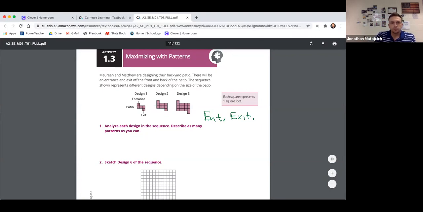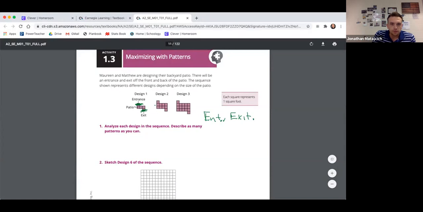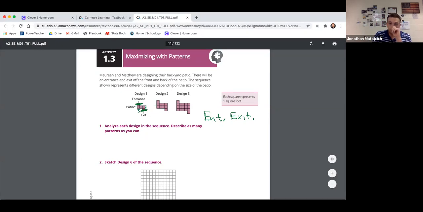If we eliminated the entrance and the exit, we've got this little slender rectangle. Looks like the length this way is 1, and then the width is 3. So I'm going to jot that down actually. Again, I just like to organize using tables.